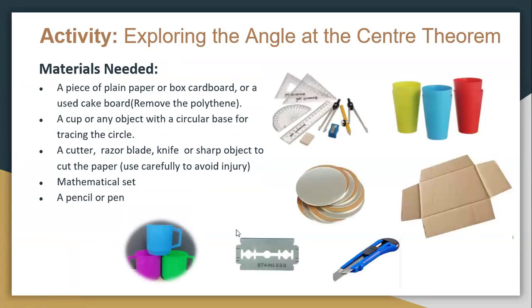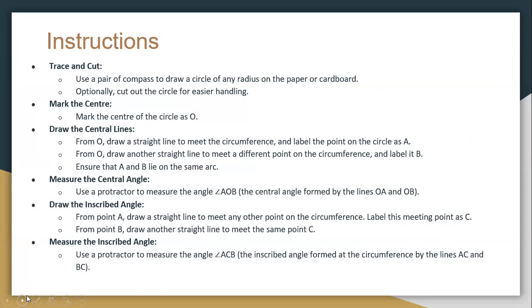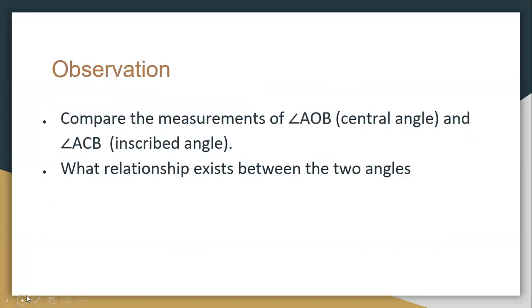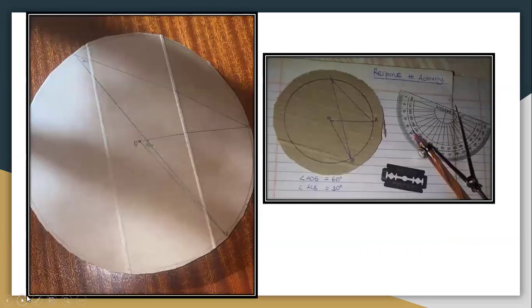Now, I gave you this activity yesterday for you to try out. Unfortunately, we are not going to do it here because I gave it to you yesterday, and I expect you to have tried it out. So allow me to ignore it and go to what I was interested in.